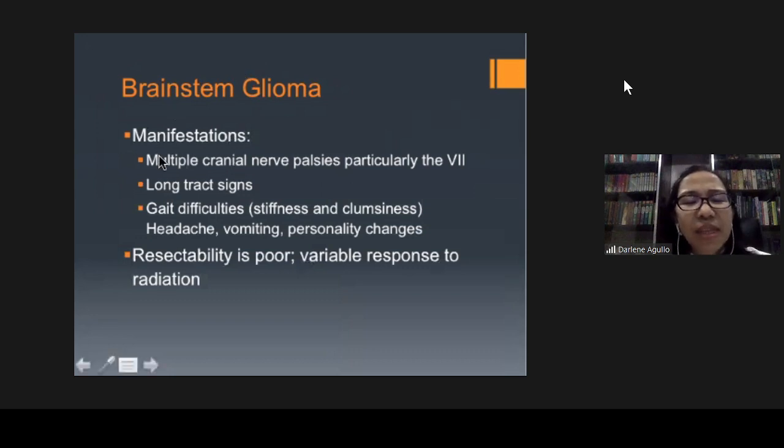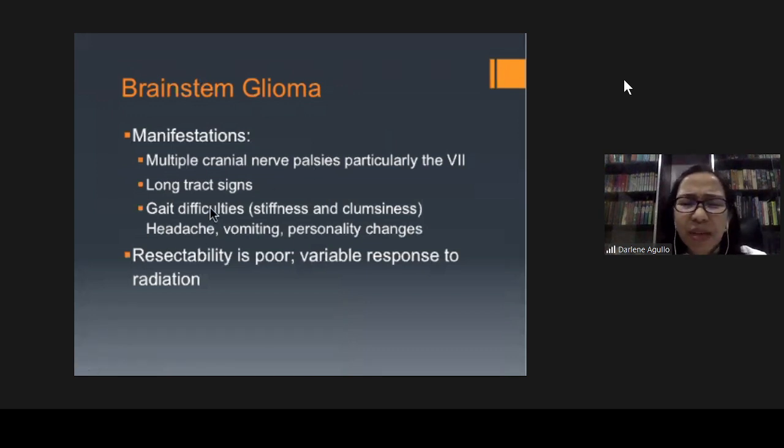So, manifestations include multiple cranial nerve palsies, particularly sevens. Kompleto, no? You have long tract signs, cerebellar signs, headache, vomiting, signs of increased ICP, lahat na ng manifestations, no? Ng increased ICP, weakness, numbness, etc. Imbalance. Resectability is poor, no?